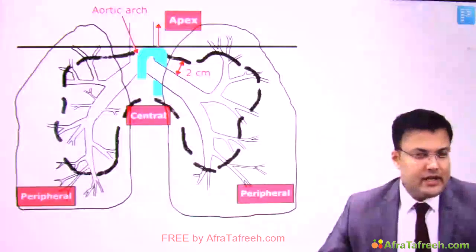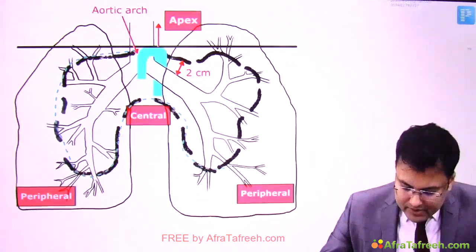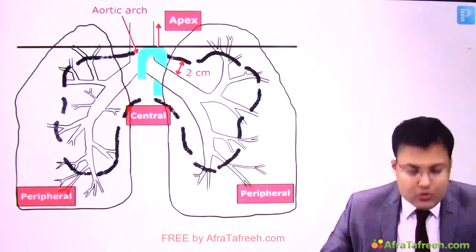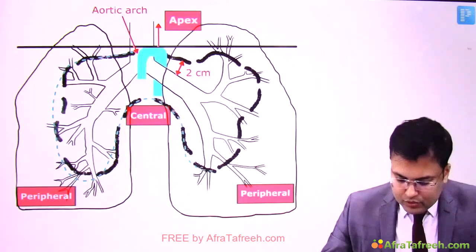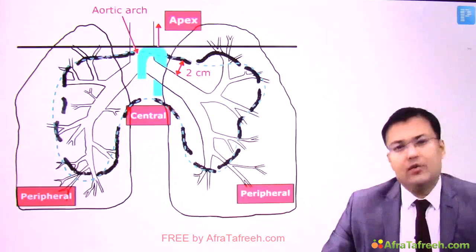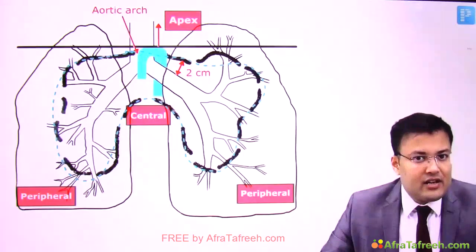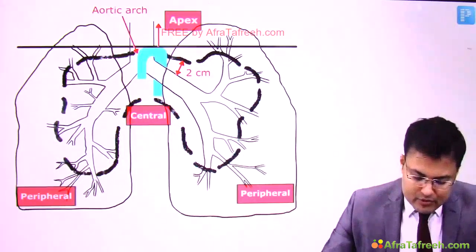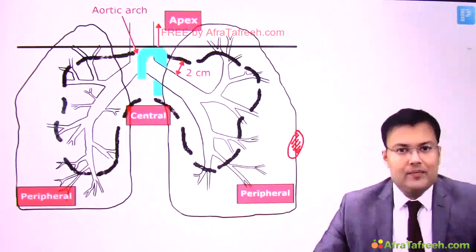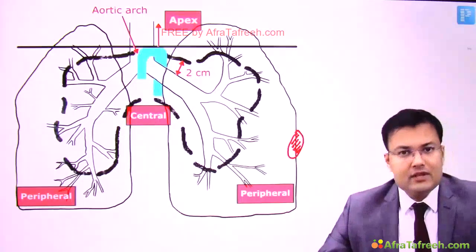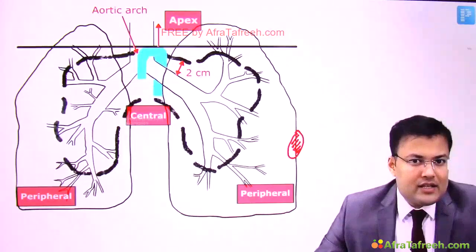If the tumor is within 2 cm of the proximal bronchial tree or great vessels, this is known as central. And if the tumor is within 1 cm of the chest wall, this is known as tumor abutting the chest wall.